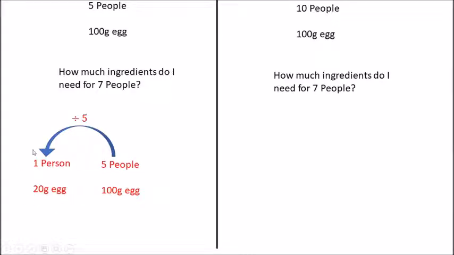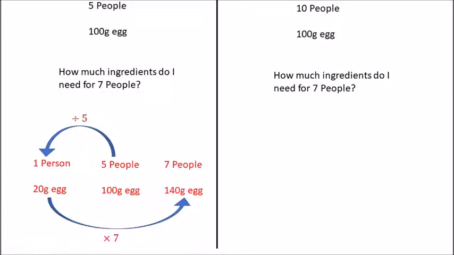Now that I know that 1 person needs 20 grams of egg, we think, how do I get from 1 person to 7 people? Well, I'd multiply by 7. Okay, and 20 grams multiplied by 7 would give me 140 grams of egg, and 140 grams is my final answer. Okay, please can you pause the video and try your example on the right.